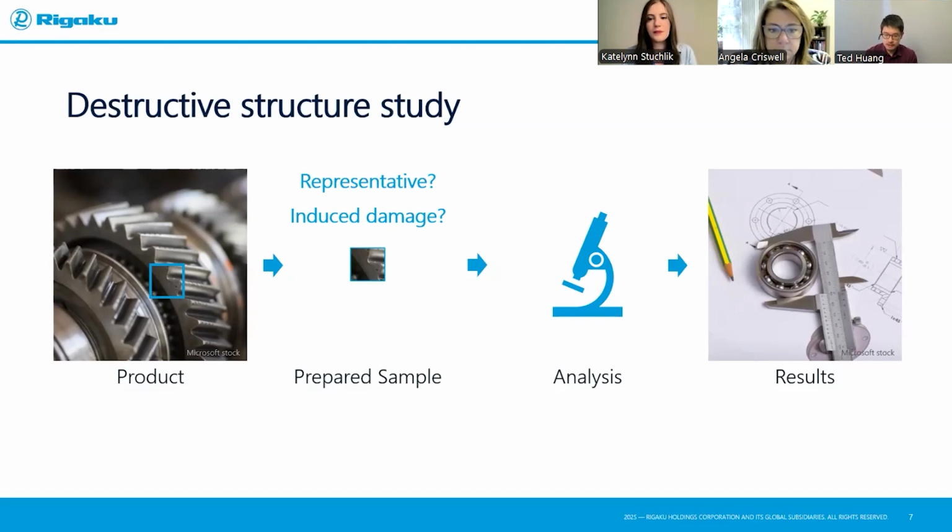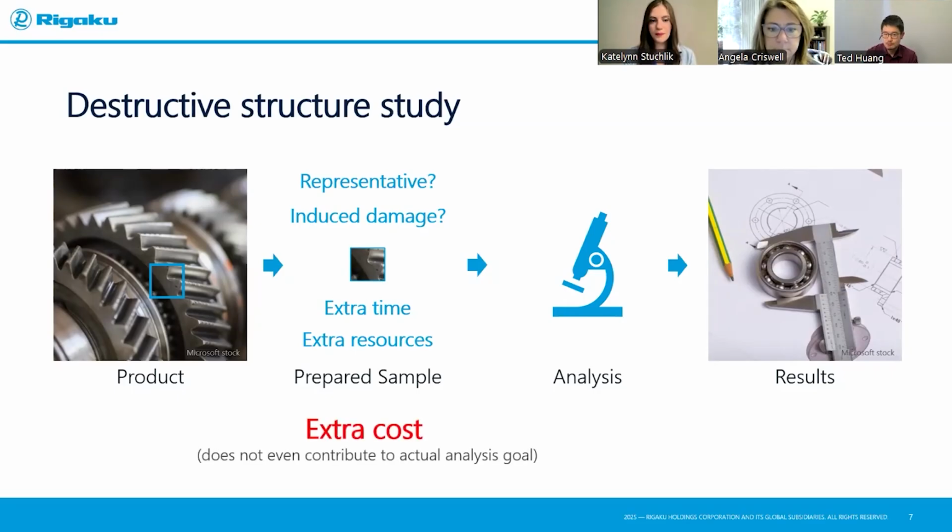To prove that's not the case, you have to spend more extra time, more care, more resource, just to make sure it's representative and it's not causing any error in the process. That basically translates to extra costs, not just a cost of money, but cost of time, cost of everything. And that's not even the cost of your analysis yet. That is just a cost to make sure this process is valid.